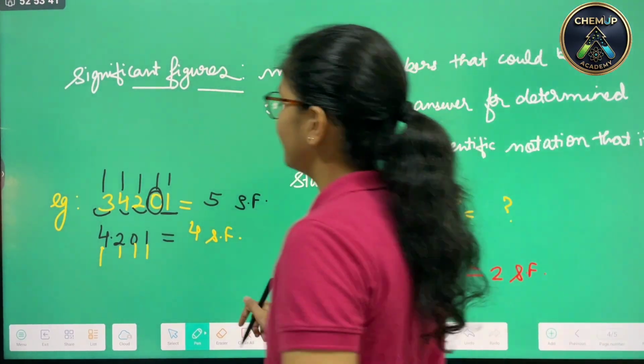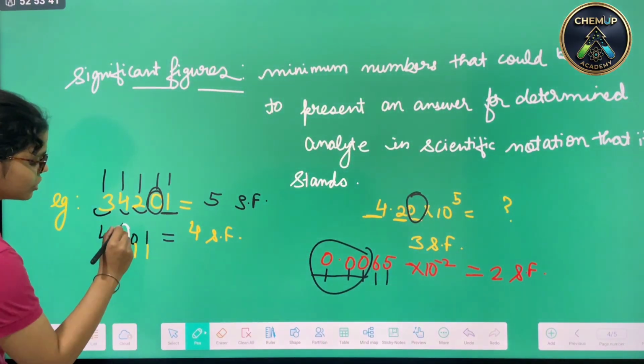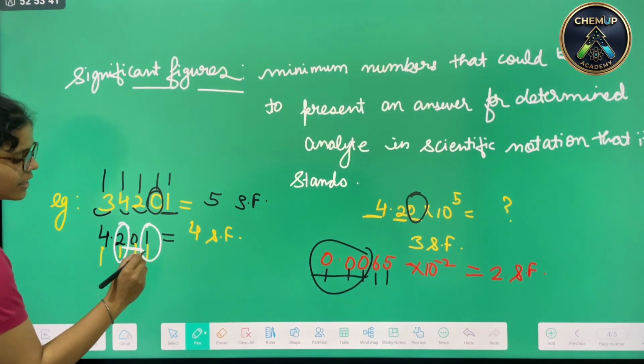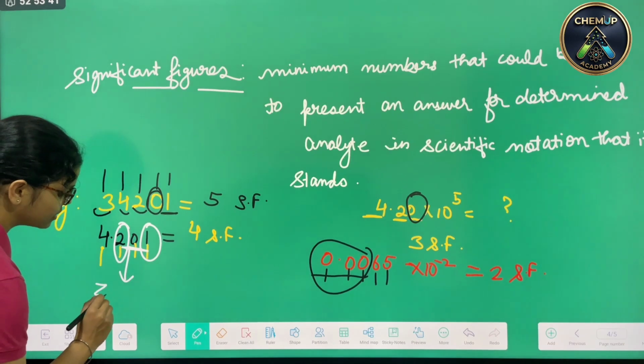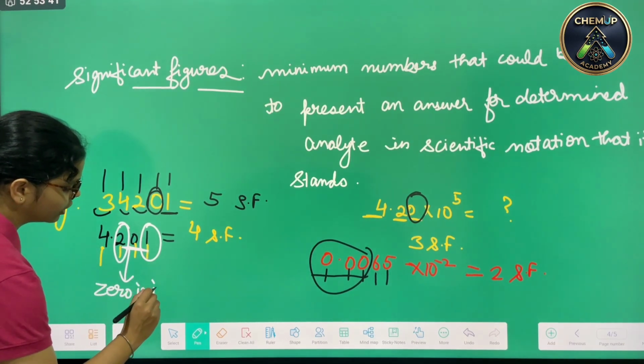Like this, it is present between two non-zero terms. This is a non-zero term, this is a non-zero term, and 0 is between these two. Therefore, we will include it. Here, we can say 0 is included.